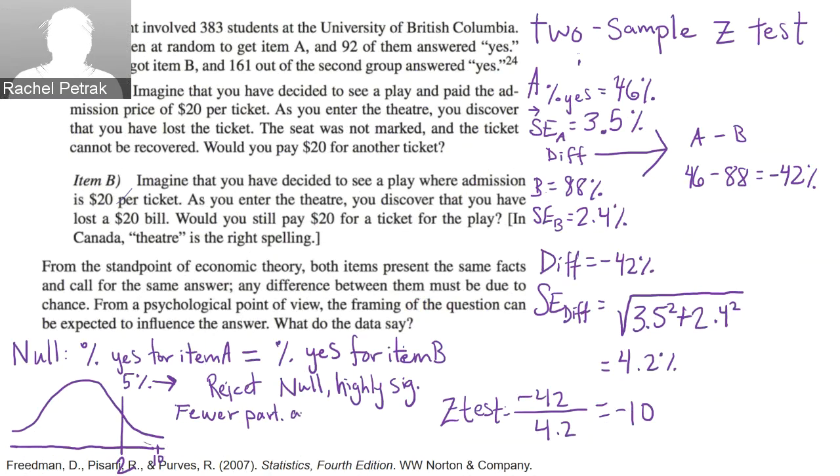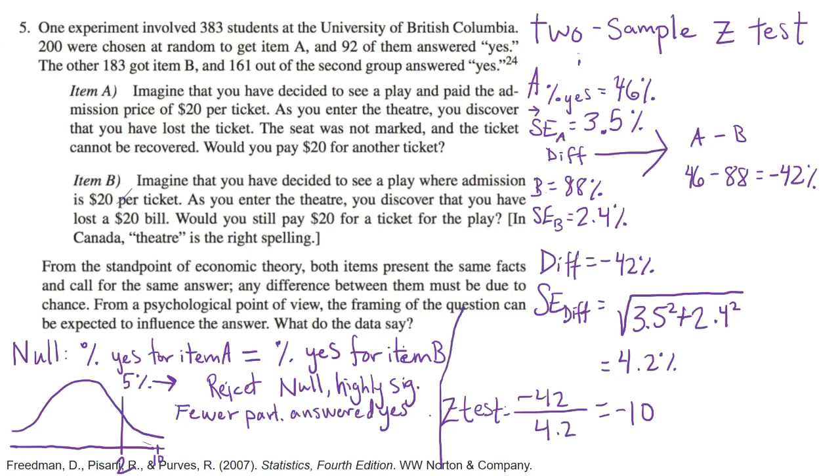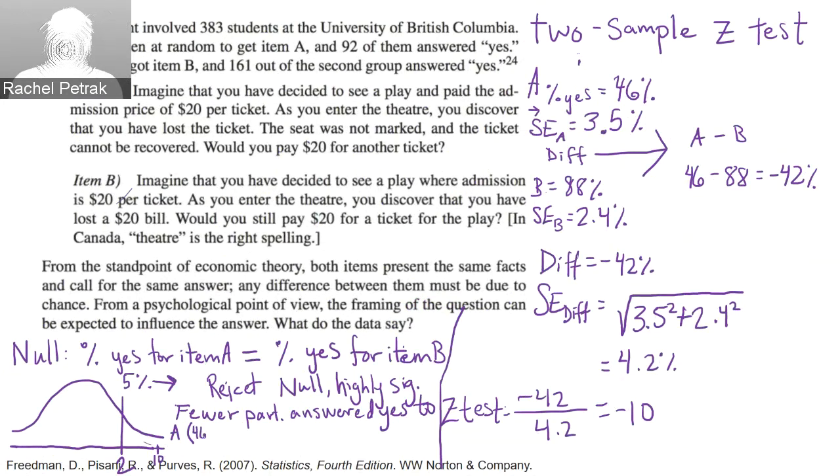participants answered yes to A, and that percentage is 46%, than B, and that was 88%, comma, our Z is negative 10, and we can just say our P is less than 1%.